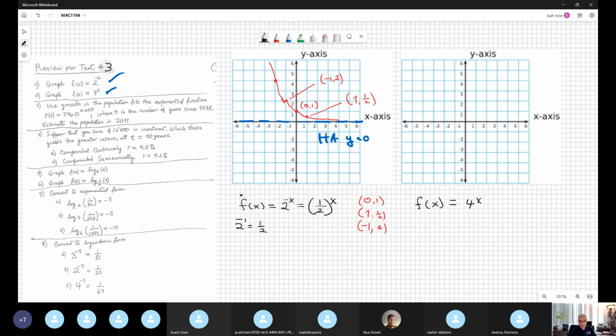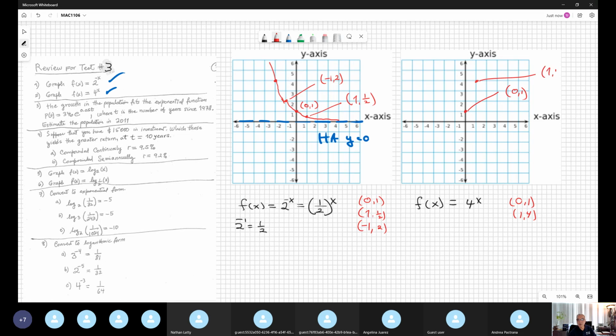Okay. Now again, same idea. The universal 0,1 point, I plot that. We have 1 comma something, in this case 4, because the base is 4.